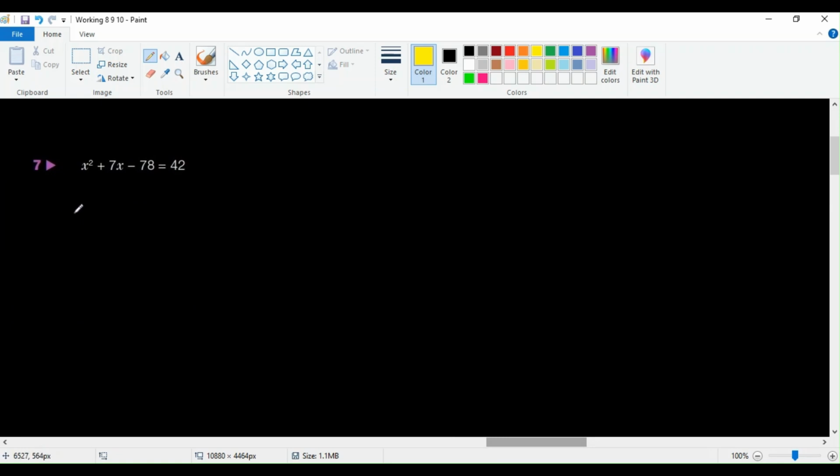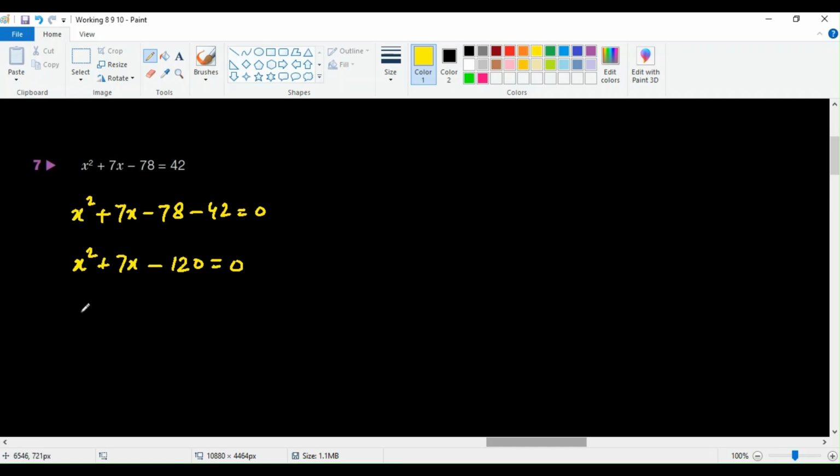Now this one is a bit tricky. Here, you write this equation once again, 78 minus 42 equals 0. So x square plus 7x and minus 78 and minus 42 is going to give us a negative 120 equals 0.